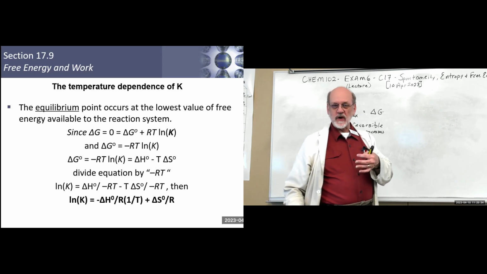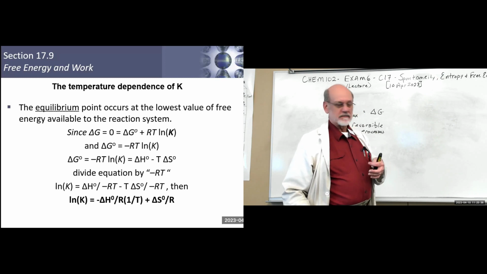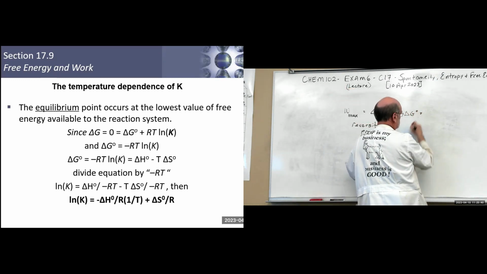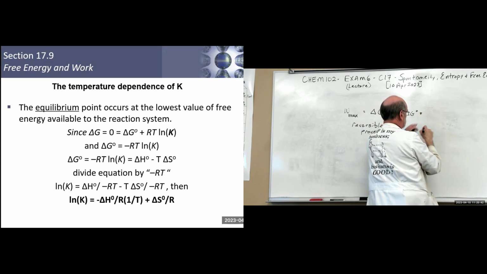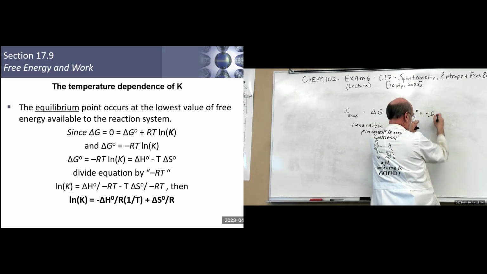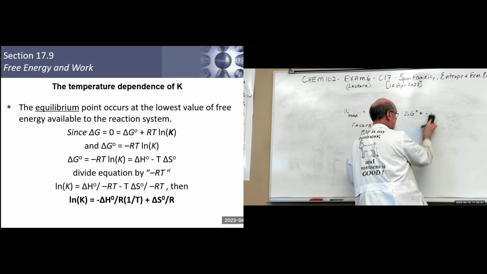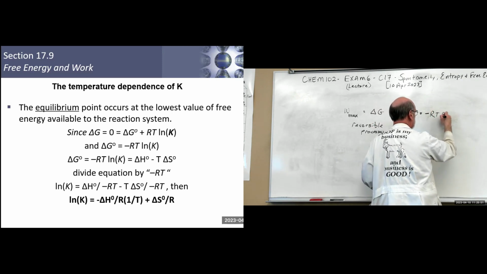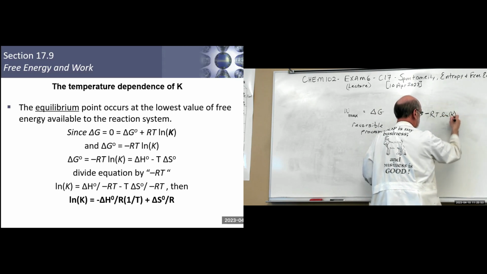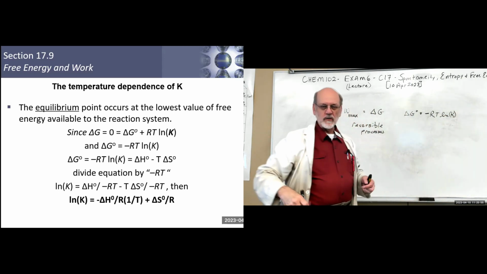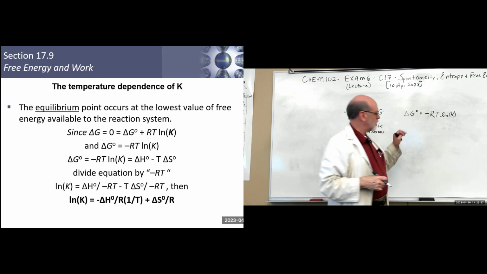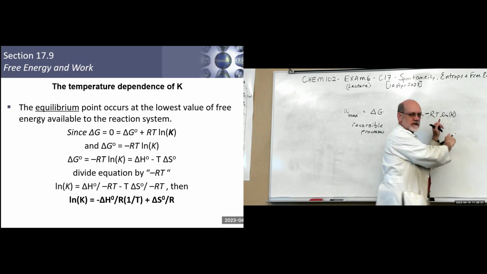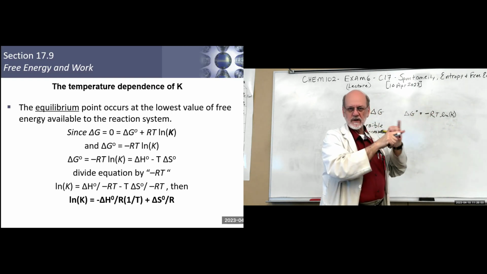Then we have the situation where, again, delta G0 is equal to negative RT log K. So we want to approach this in terms of what's the relationship between temperature and K?